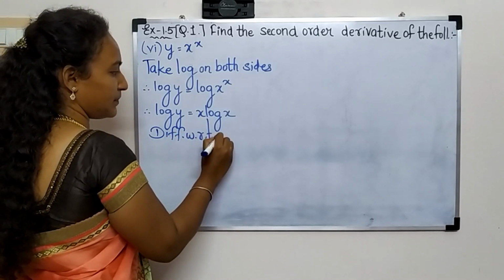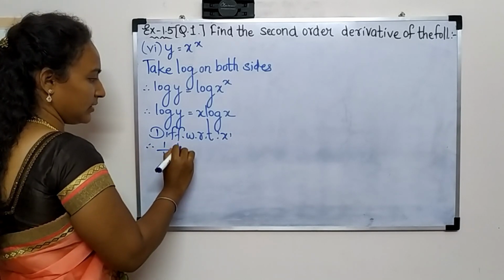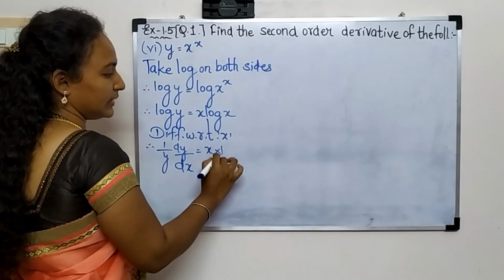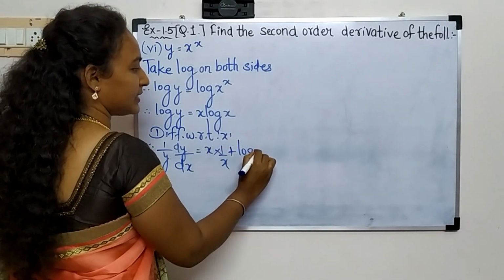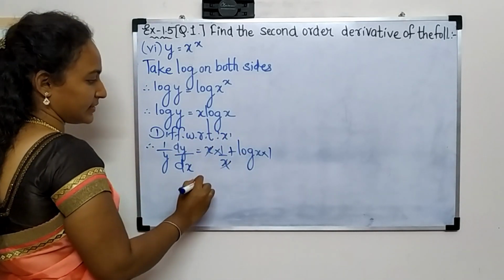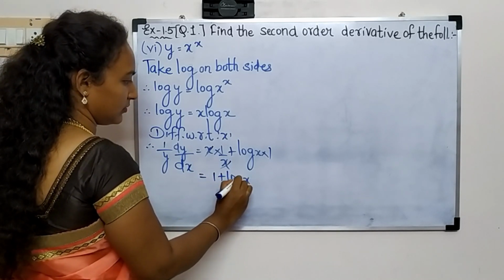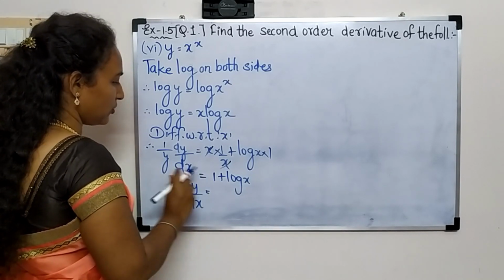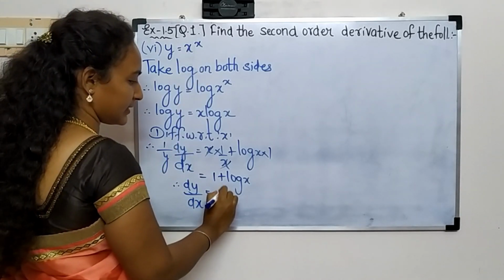Therefore, this is 1 upon y dy by dx is equal to x into derivative of log x, which is 1 by x, plus log x into derivative of x, which is 1. So x will get cancelled out. So this is 1 plus log x. Therefore dy by dx is equal to y multiplied with 1 plus log x.